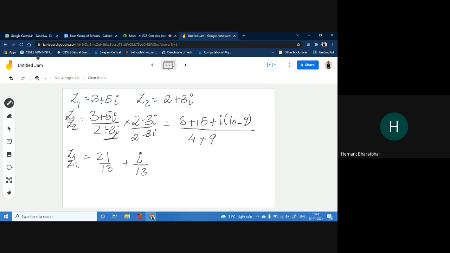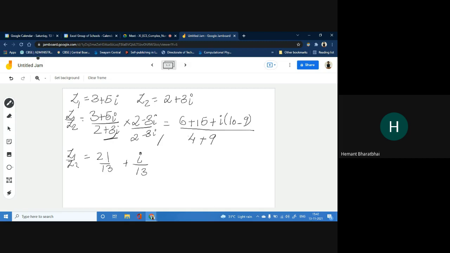Plus i into 10 minus 9 is 1, so only what remains is i upon 4 plus 9, so that is 13. So dividing it with 2 plus 3i, I'm getting the answer 21 by 13 plus i by 13. So the real part is written separately and the imaginary part is written separately.